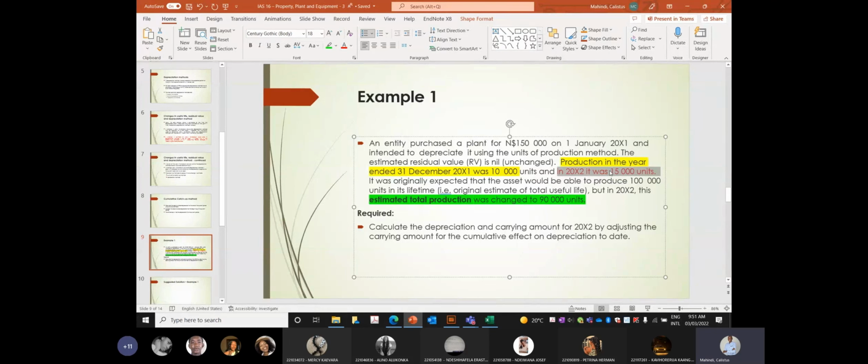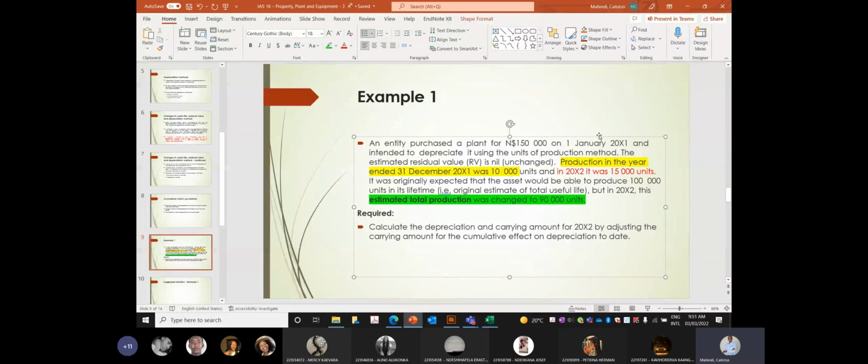So in 20X2, we produced 15,000 units. If you want to calculate depreciation using the production units method, you would take the number of units produced in that year divided by the total expected number of units that you'd expect to produce, and multiply that value times the carrying amount.